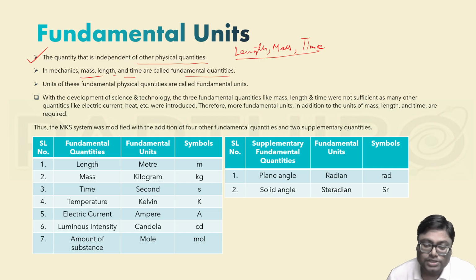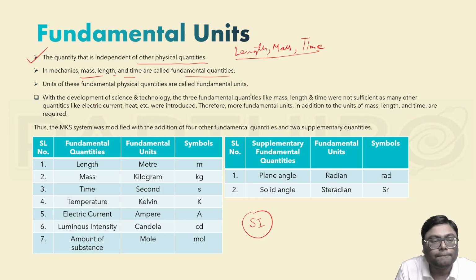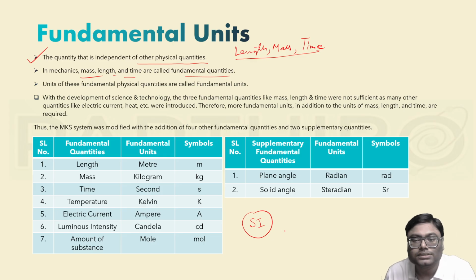So around the mid 20th century, scientists all over the world decided to introduce a new system of unit known as SI, or you can say Système International. It's a French word actually.